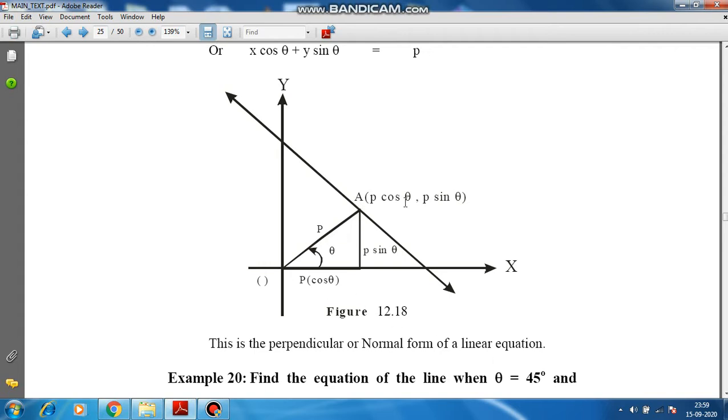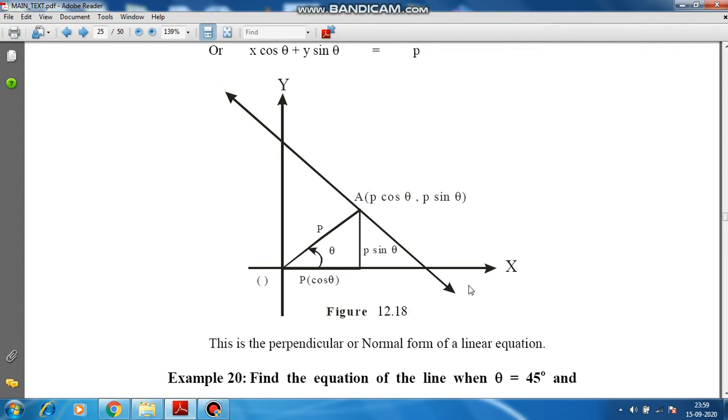A point on this line was obtained, which is (p cos theta, p sin theta), where p is the length of the perpendicular from the origin upon the line and theta is the angle made by this perpendicular with the positive x-axis.